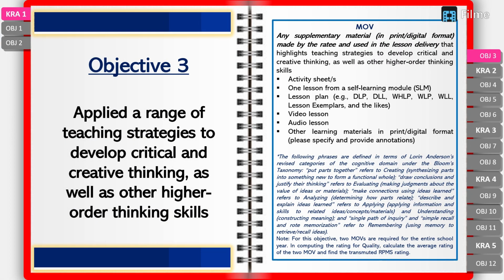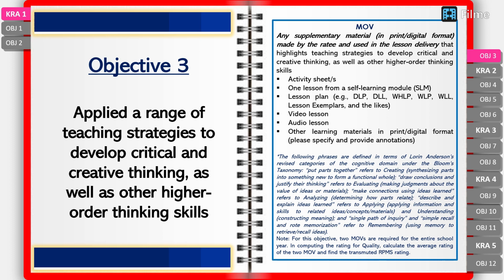Objective 3. Applied a range of teaching strategies to develop critical and creative thinking as well as other higher order thinking skills. What are the MOVs needed for this objective? Any supplementary material in print or digital format made by the RATI and used in the lesson delivery that highlights teaching strategies to develop critical and creative thinking as well as other higher order thinking skills.